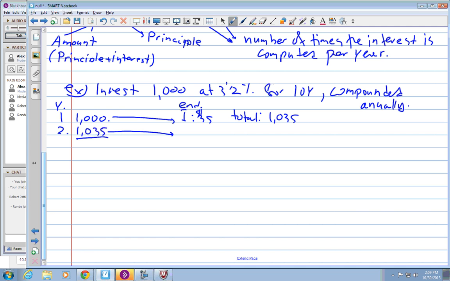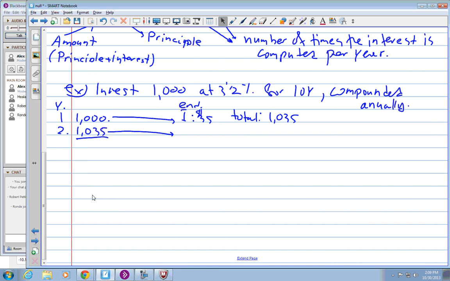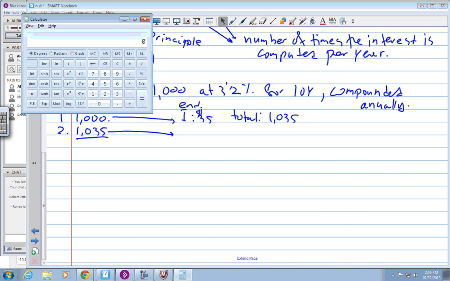So it's growing. Look at the difference. When I compute 3.5% of that amount, it's $36.22-ish. So that's an extra $1.20 that we make versus just the simple interest.